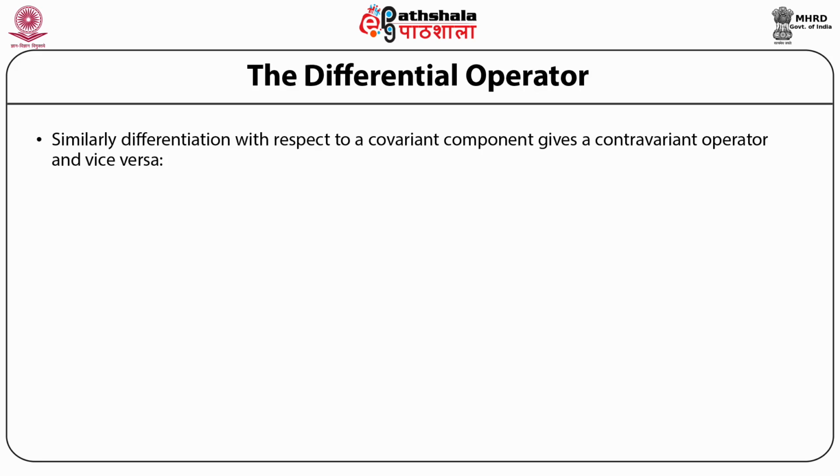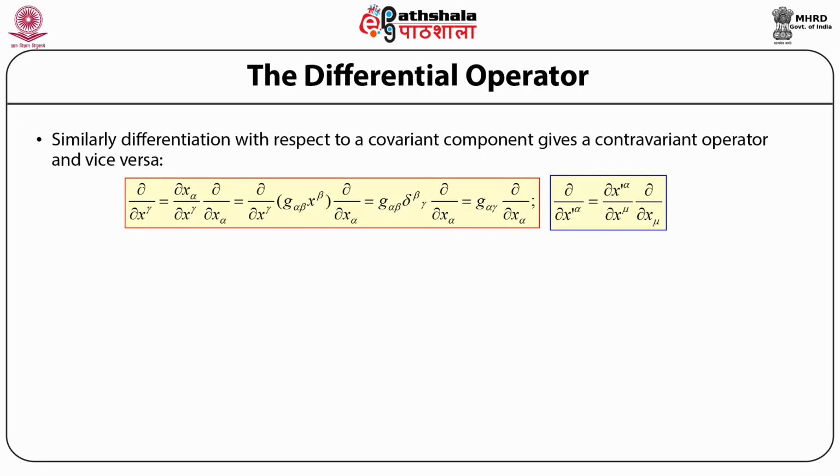Let us define the del operator or the differential operator with respect to the contravariant component given by del by del x superscript gamma equal to del x subscript alpha by del x superscript gamma times del by del x subscript alpha, and this is equal to del by del x superscript gamma acting on g subscript alpha beta times x superscript beta, times del by del x subscript alpha, and this is equal to g subscript alpha beta times del operator superscript beta subscript gamma times del by del x subscript alpha, and this is equal to g subscript alpha gamma times del by del x subscript alpha.